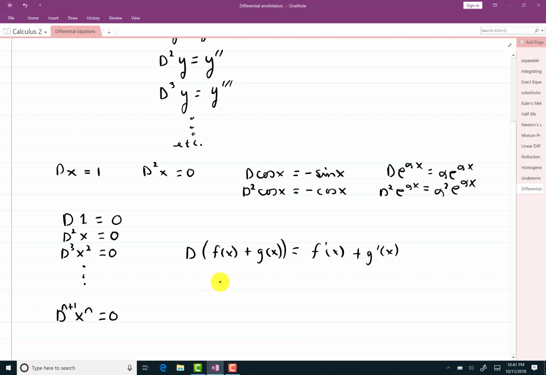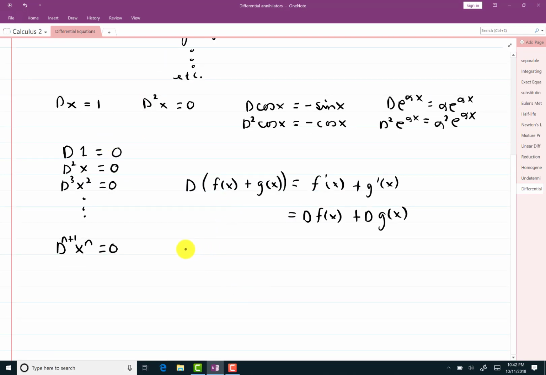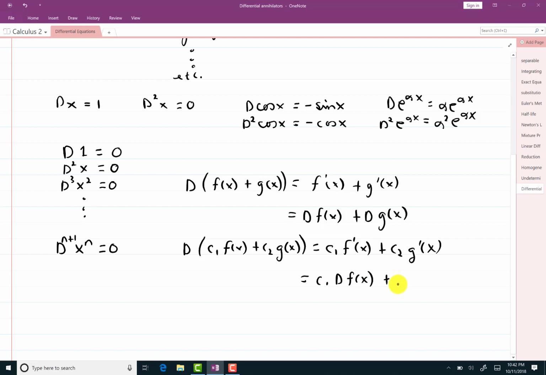Or what I mean is that this is Df of x plus Dg of x. And in fact, if there's constants in front of those, when you take derivatives of a function, you ignore the constant. So I could rewrite it as c1 Df of x plus c2 Dg of x.